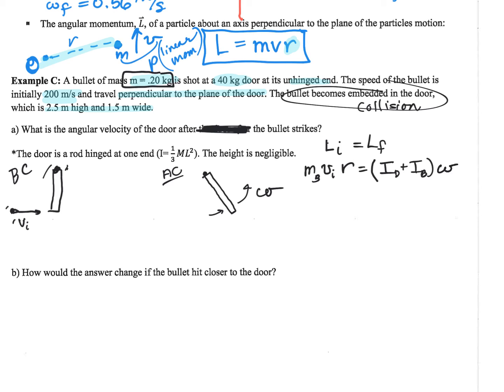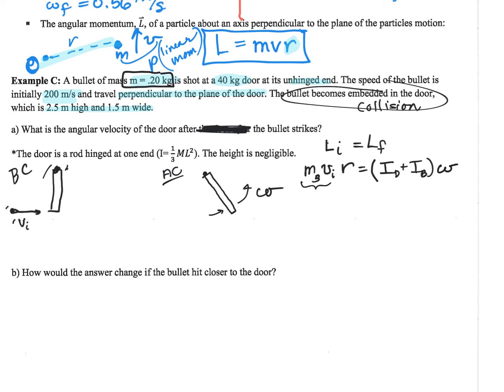It went from linear momentum to angular momentum. Here's my linear part, and tacking the r on the end changed it from linear to angular so we could have them the same on both sides. Does that make sense to everybody? So now we can start plugging in.